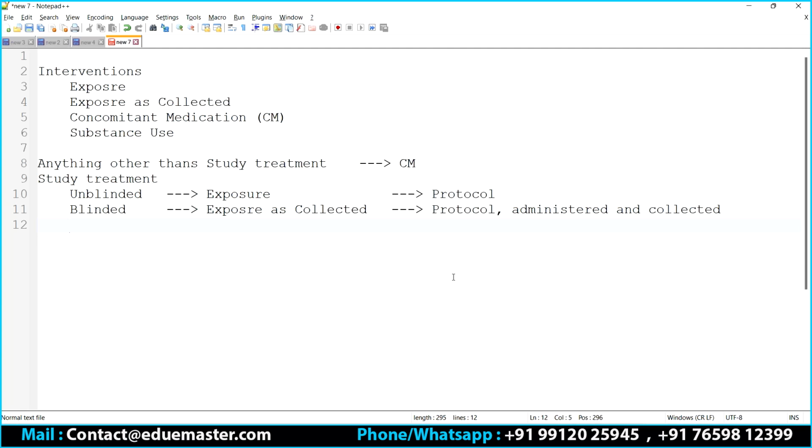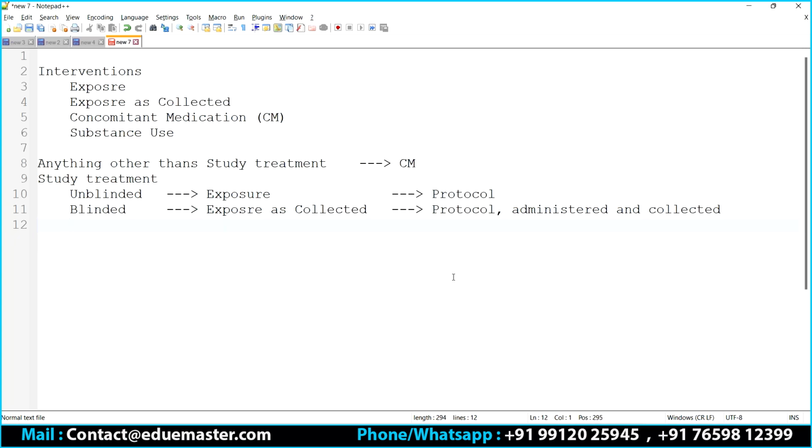After that, have you given it exactly as per the protocol or not? Have you made any deviations, or forgotten to give any of the medicine, or has the subject not taken any of the medicine, or have you adjusted any dosage or not? If yes, why? All these things you are going to administer and record. For that we have your exposure as collected domain.